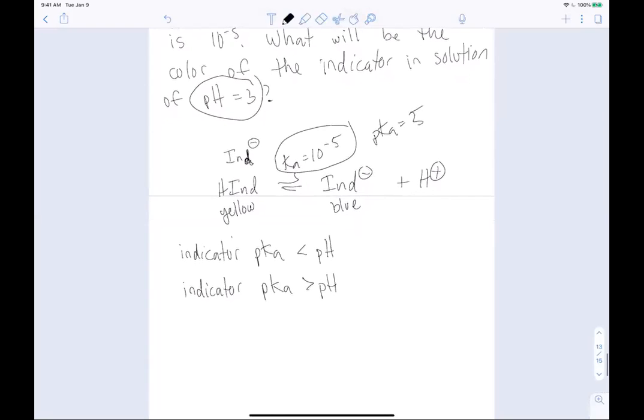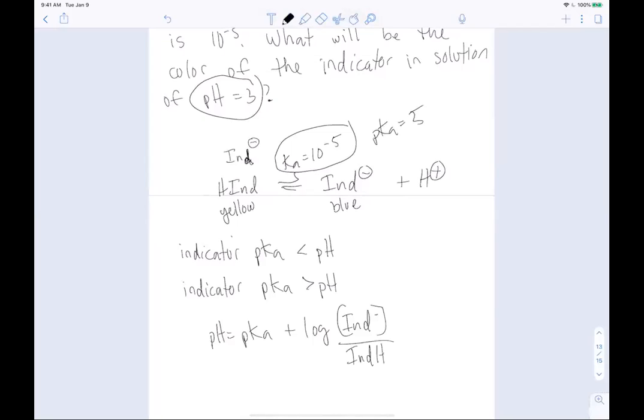So I think you could calculate the ratio of the indicator by looking at the Henderson-Hasselbalch equation. I'm trying to think of the easiest, most general way to talk about this. I'm doing a terrible job. But you can think of the indicator as a weak acid, weak base system.